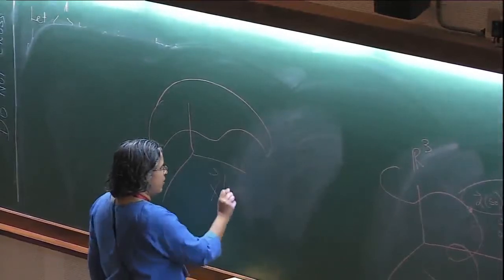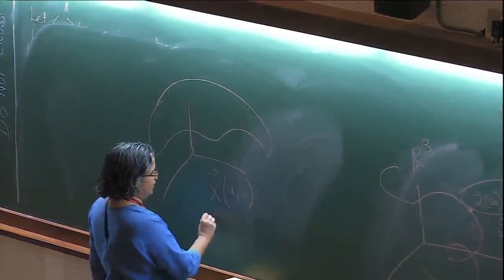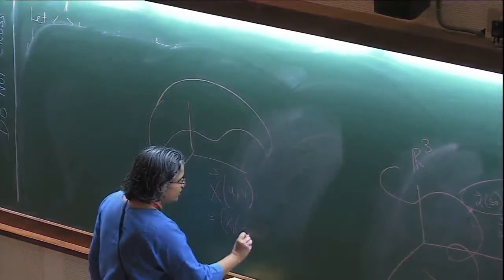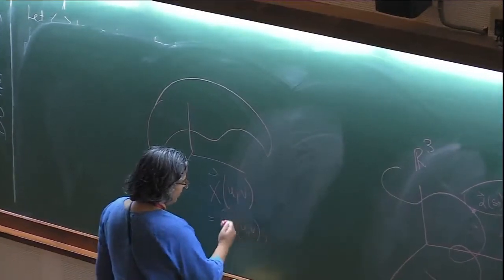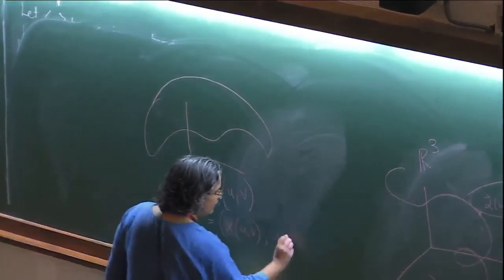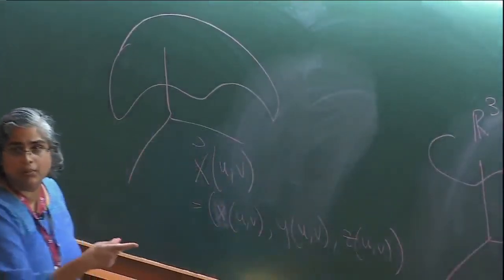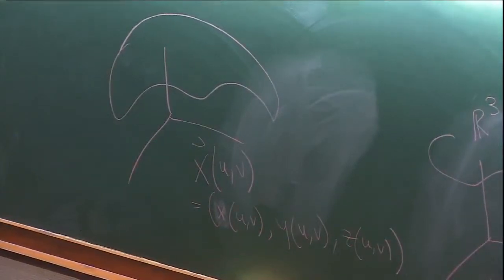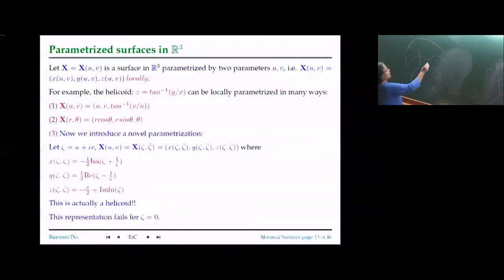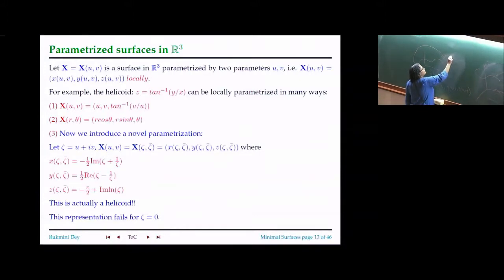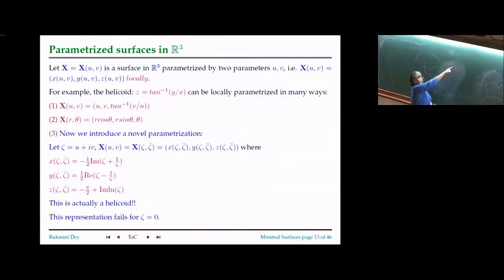So x of (u, v). There will be x coordinate, y coordinate, and z coordinate. You need 2 degrees of freedom. If you want to just remain on the surface, you need 2 parameters. So for any point here, you give some value to the parameters, and it will give you a point here.